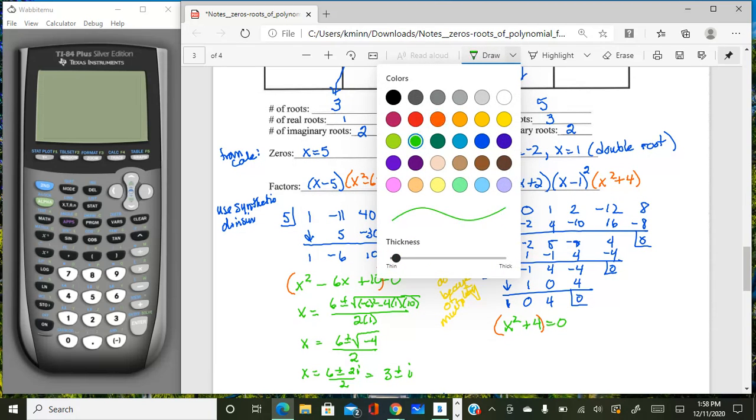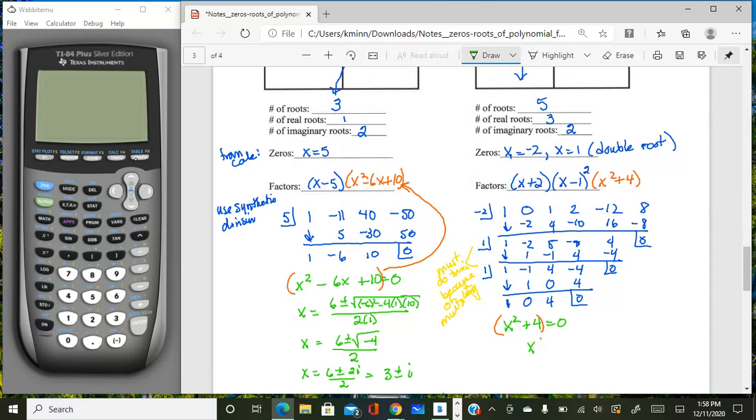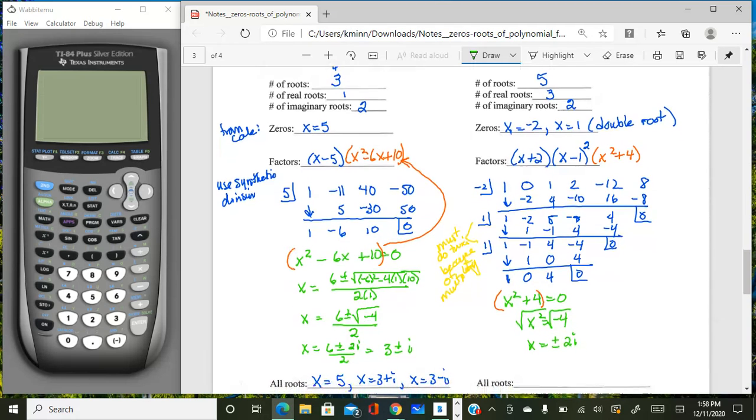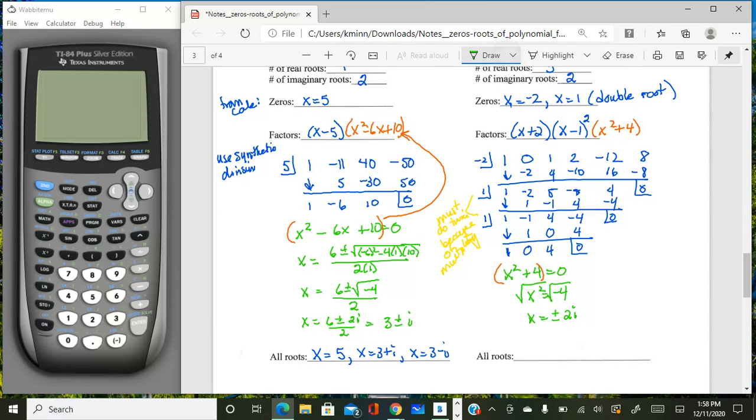Okay, finishing up to get our last imaginary solutions. x squared is equal to negative 4. Square root both sides. x ends up equaling plus or minus 2i. So all of our roots as a final list become negative 2, 1, 1, 2i, and negative 2i.